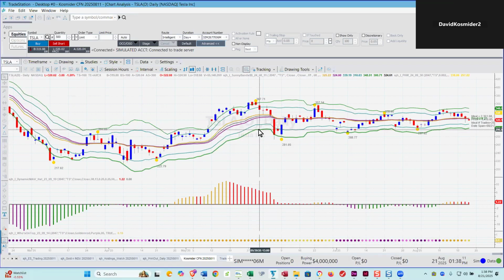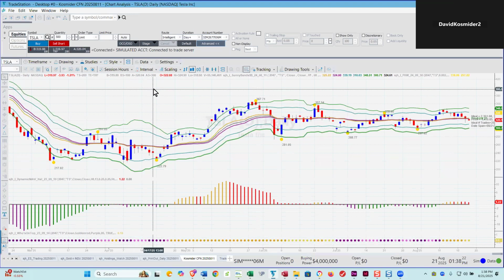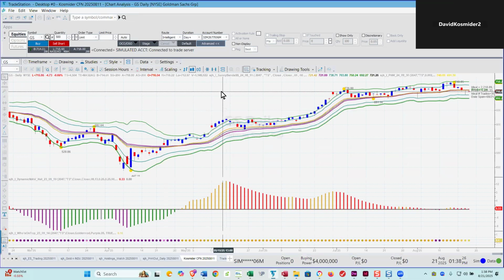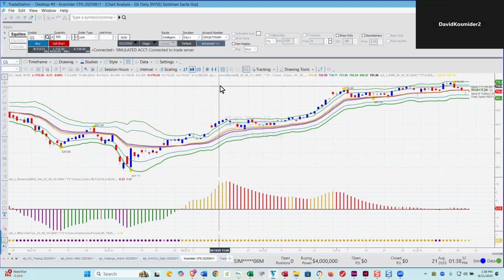And the average true ranges are also dynamic since they are calculated on the dynamic moving average. That makes them dynamic as well. Standard deviation tells me statistically where something should go. My sunny bands tell me where it is going, which is different than should go.